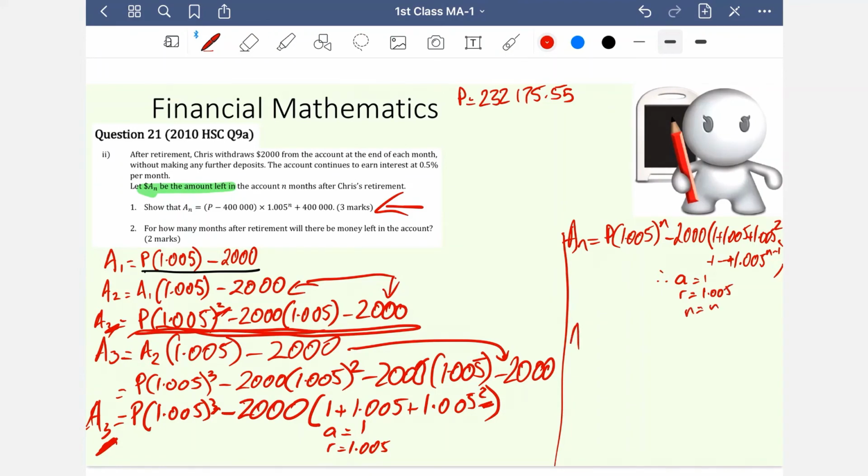So now, therefore, An is P times 1.005 to the power of n minus 2,000 multiplied by the sum of a geometrical progression, which is a outside of r to the power of n minus 1 over 0.005.